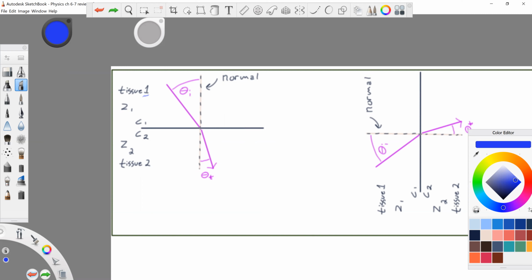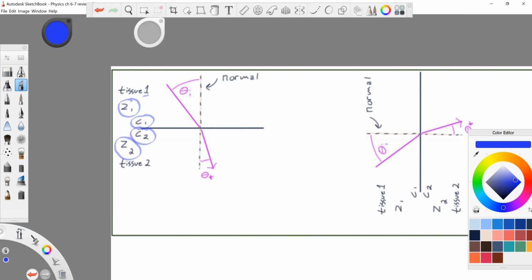Each of these tissues has 2 separate things. I'm going to keep pounding this into your brains because I know some of you are going to have a hard time remembering this. They have impedance values, and they have speed of sound values.